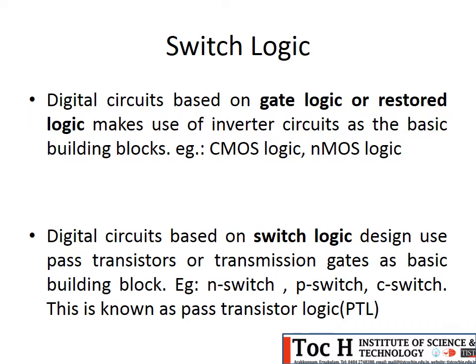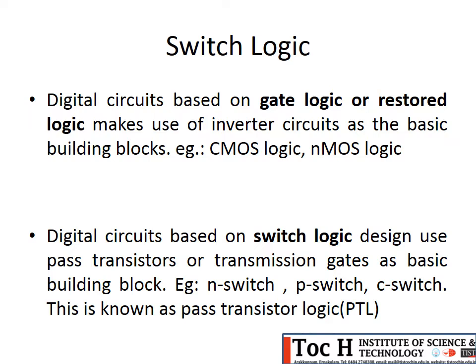We have already learned how to realize a digital logic function using CMOS inverter or CMOS logic, and that is categorized as gate logic or restored logic, where the basic building block of a logic function realization is an inverter circuit, and the inverter circuit that we have learned in the last module is the CMOS inverter.